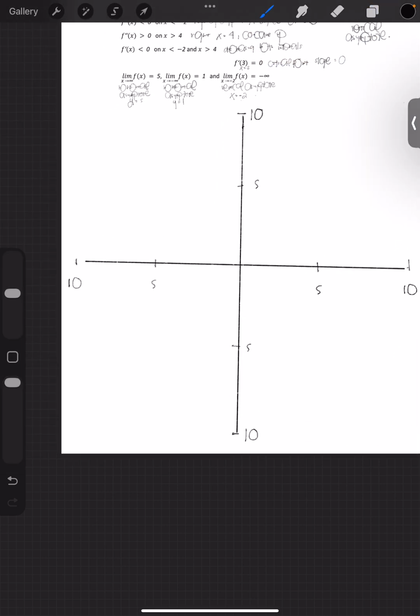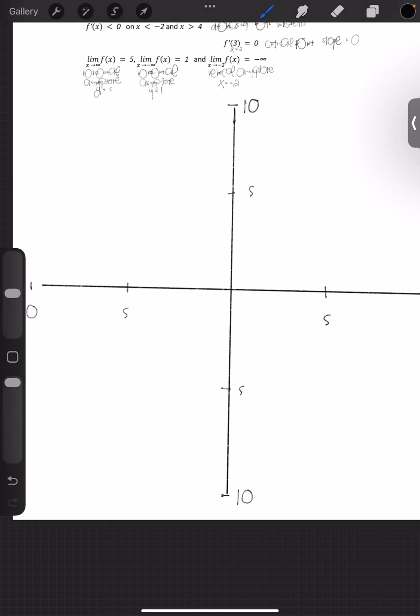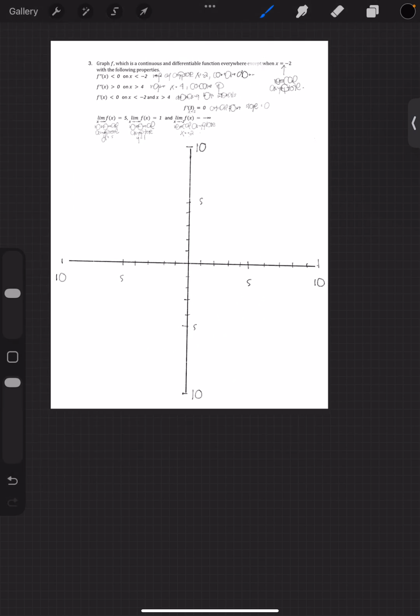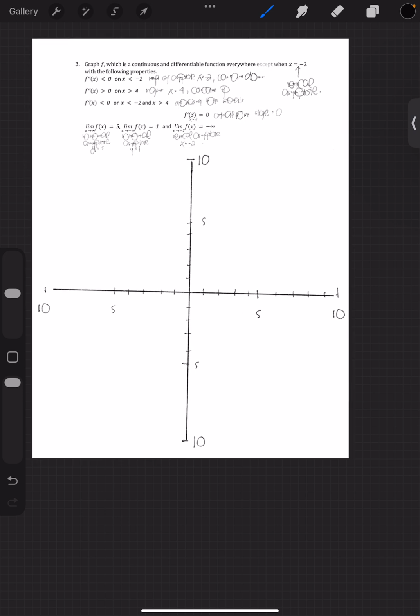Okay, and we can do 1, 2, 3, 4 along each axis. I believe that should be enough for us to graph this correctly.